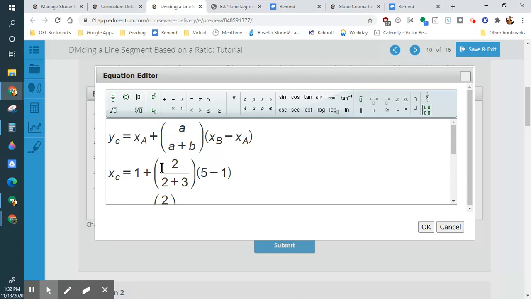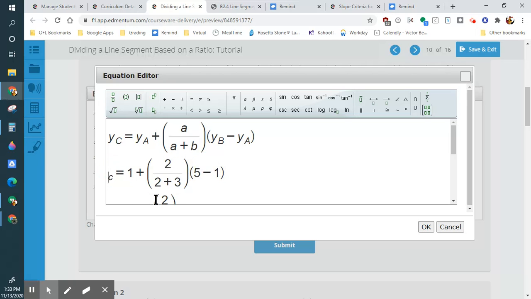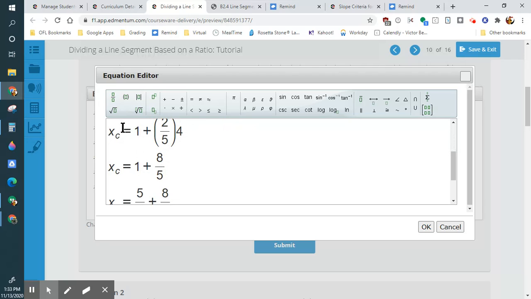So that's a y. A y. And I think this is a lowercase c, so I've been using the wrong variable there. That's the same. This is the same, except these are y's now. This is going to change to y. This is going to change to y.